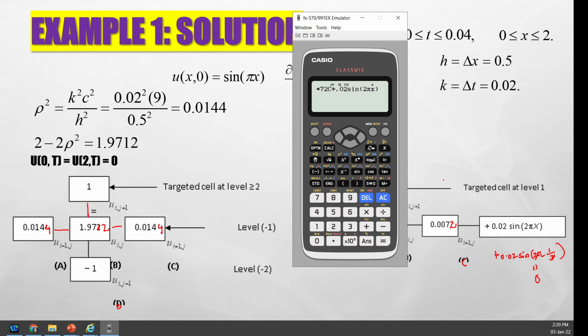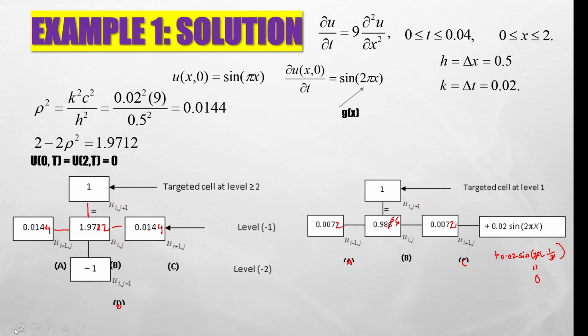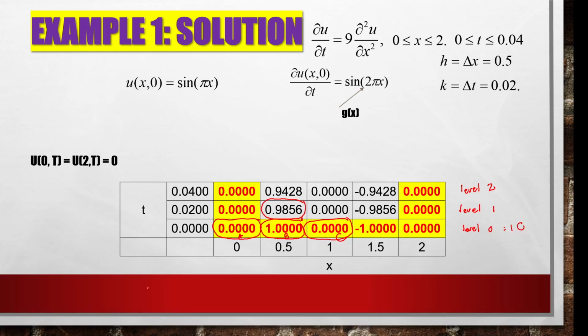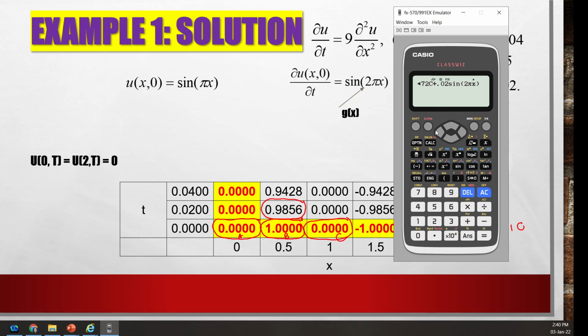So now I add up this one plus k times g(x), where g(x) is sin 2 pi x. Then move to here, and we see again. We calculate again. A is 0, B is 1, C is 0.